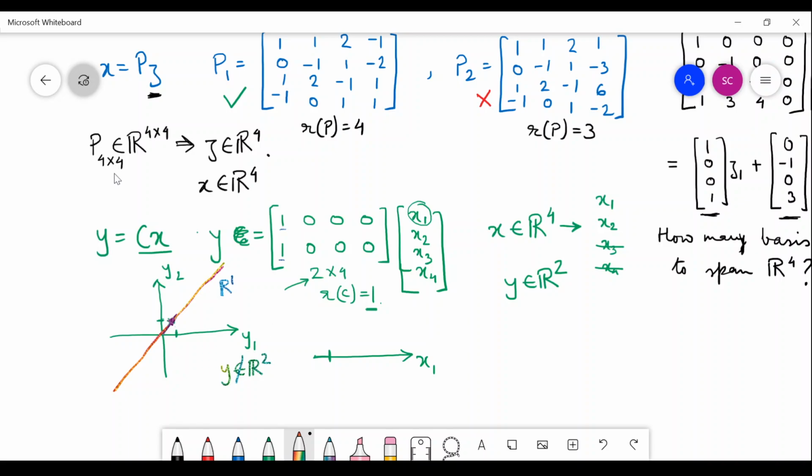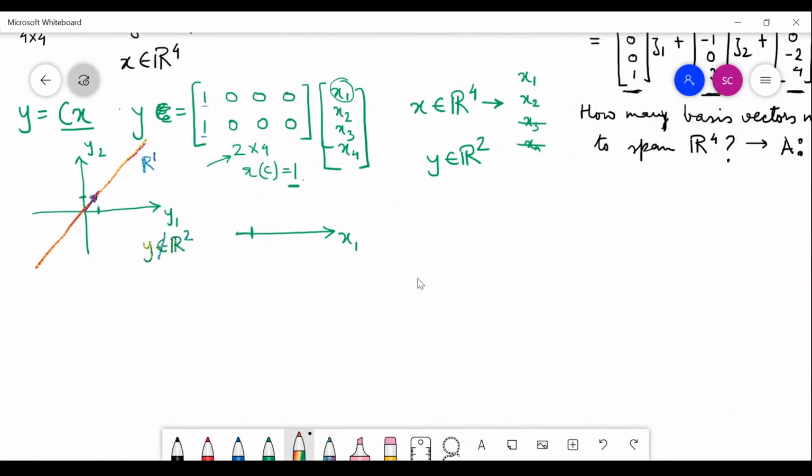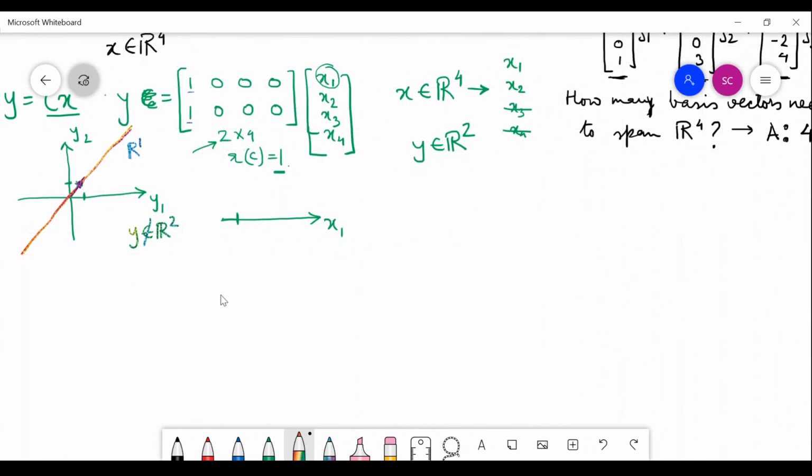In the earlier case where we were dealing with the similarity transformation, suppose that there is a similarity transformation which is like this, 1 0 0 for a third order system. So from a third order state space you want to move to another state space, but you are using this particular matrix.